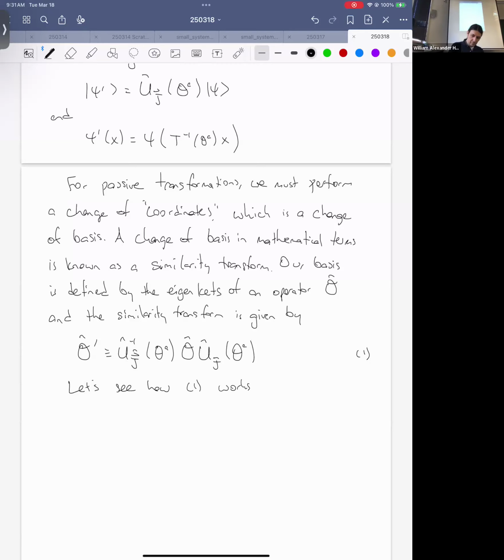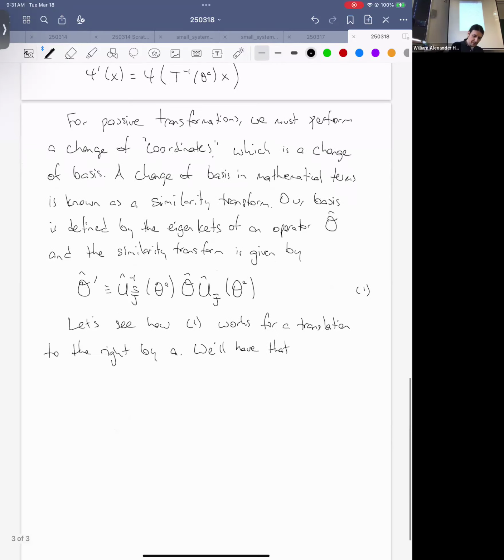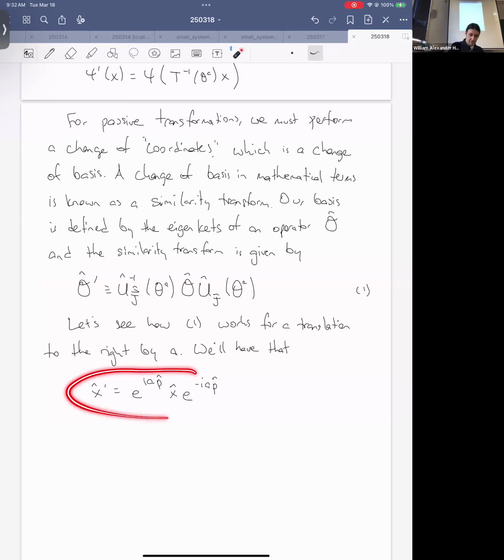One works for a translation to the right by A. So we'll have that our position operator prime is e to the I A momentum operator, original position operator, e to the minus I A momentum operator. So this is just a straightforward application of one. I assume no questions on that. However, now we need to compute this, and that's a rather nasty looking thing.